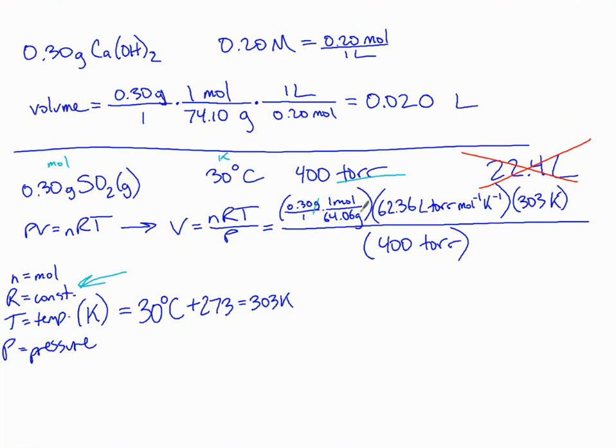So I just want to make sure that everything's going to cancel. So grams are done, moles, there's per mole, Kelvin, per Kelvin, torrs, and we're left with liters. And that's a good sign if all of your units cancel out to leave you a volume when you're looking for volume. That's what we need.